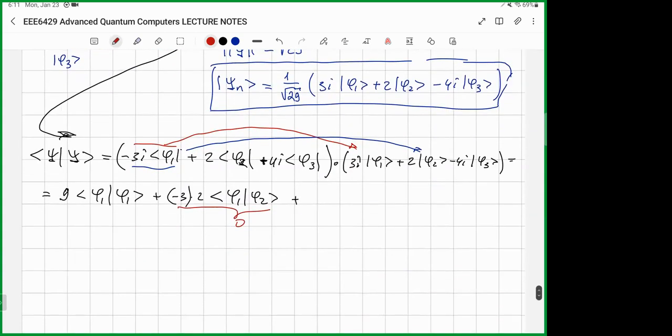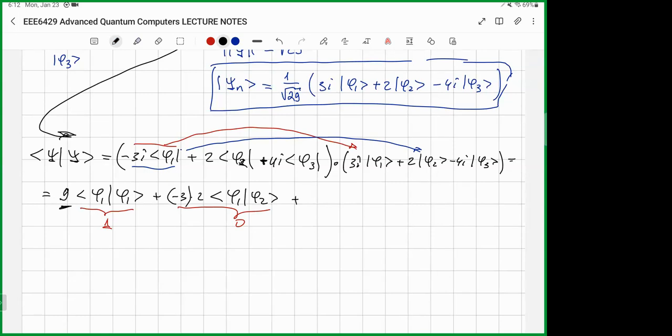For example, phi1 by phi1 is equal to 1. Phi2 by phi2 also is equal to 1. Phi3 by phi3 is also equal to 1. And only the prefactors, these prefactors by the products of the vectors, survive, right?